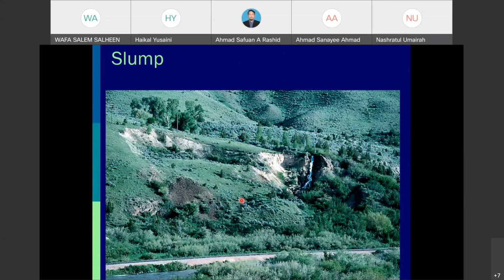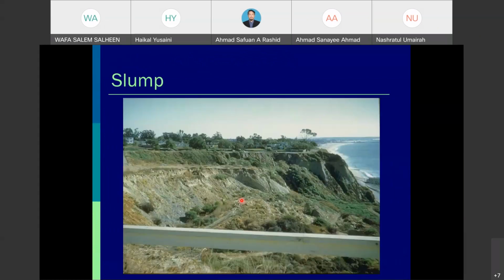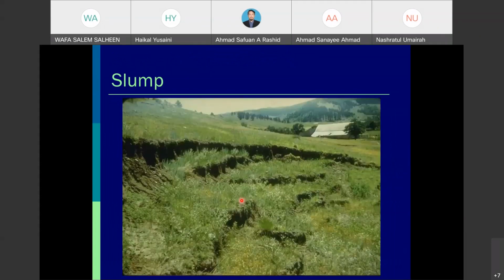So this is an example of a slump, or a rotational failure, whether at the top or the scarp. We can see that there are differences between the existing ground and the failure.